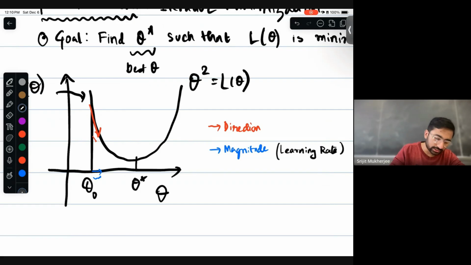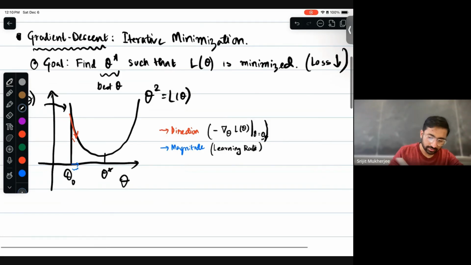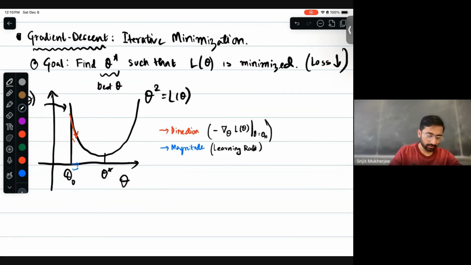And the direction is nothing but the minus of the derivative of the loss at theta equal to theta n. Here it is theta 0, but in general it's theta n. So this is a basic idea.